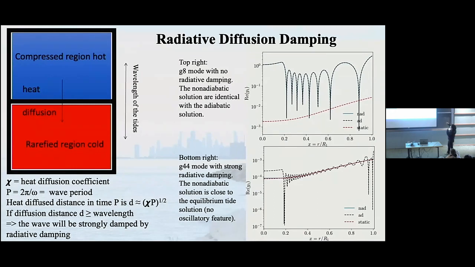So that's an example of a weakly damped or non-damped radiative damping mode. The bottom plot gives an example of a strongly damped wave. The non-adiabatic response is close to the equilibrium tide solution. So this is how radiative damping cancels the wave-like response.